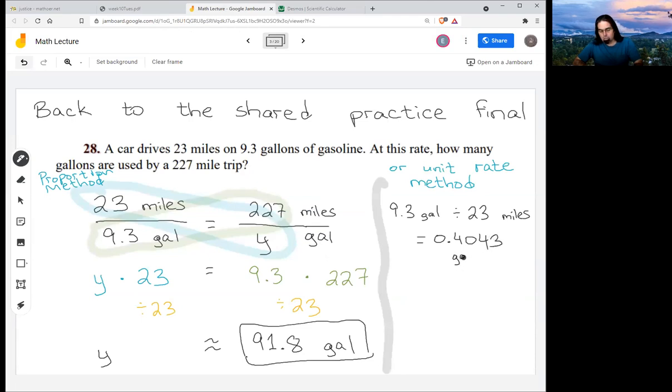So that's gallons per mile. And what I want is to arrange the order of division so that the number or the label after per matches up with the one that I haven't used yet. Then when I finish up, I'll get the same answer.